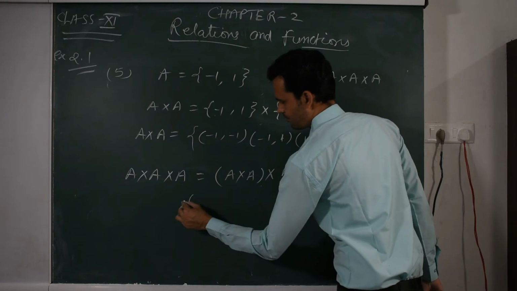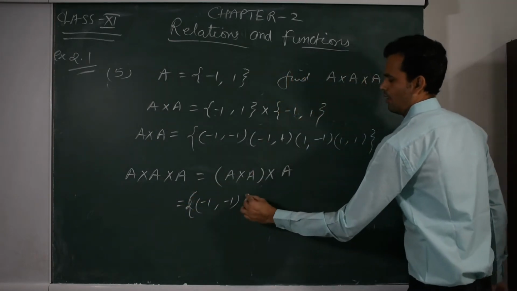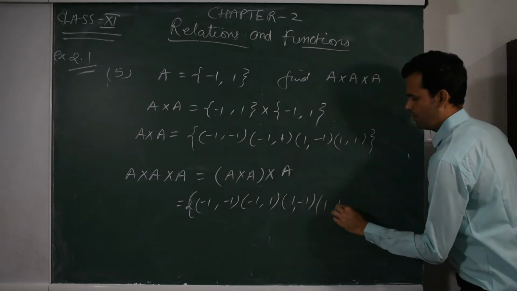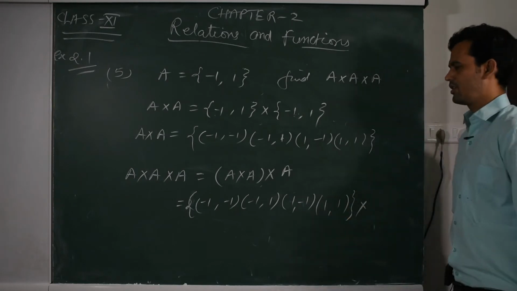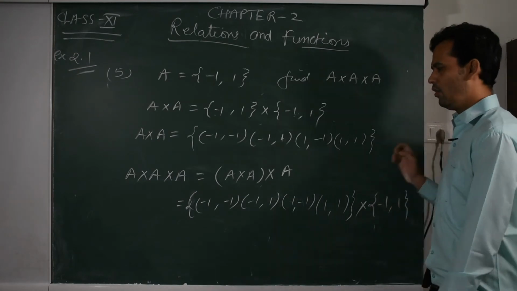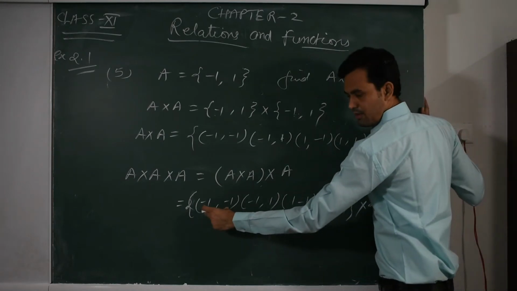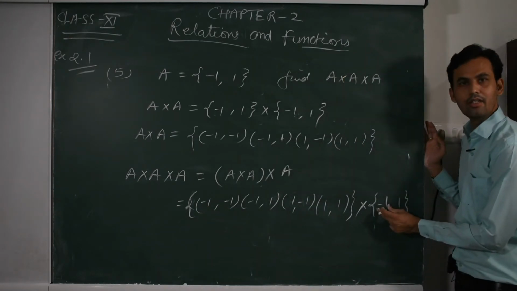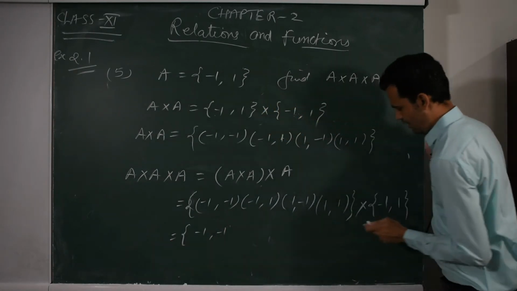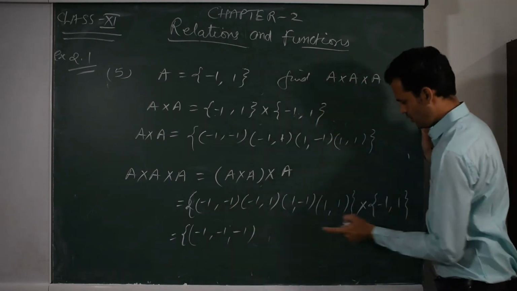The value of this is {(-1, -1), (-1, 1), (1, -1), (1, 1)} cross set A, {-1, 1}. Now the product of this set into this set. So the elements of this set, (-1, -1), multiply with this. So the new set is (-1, -1) as it is, and this -1. So this is the first ordered pair. Now (-1, -1, 1).